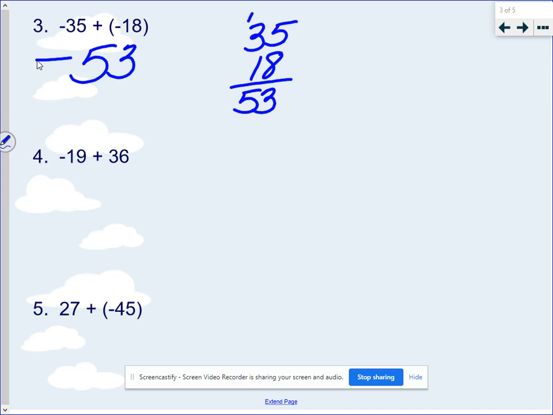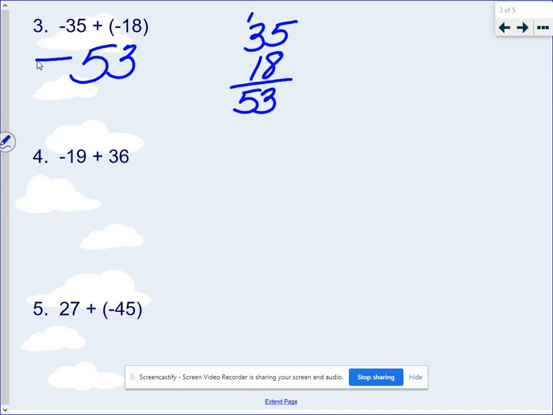Example number 4. This time we owe $19 to someone and we look in our back pocket and see that we have positive 36. Now remember what I said, we always pay our debts in math class. So I owe $19 and I have 36.